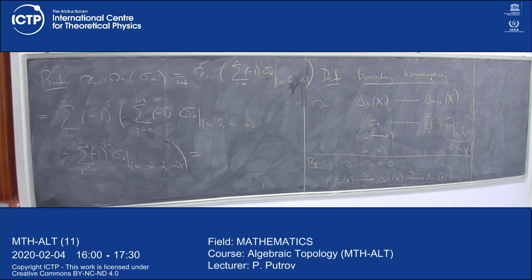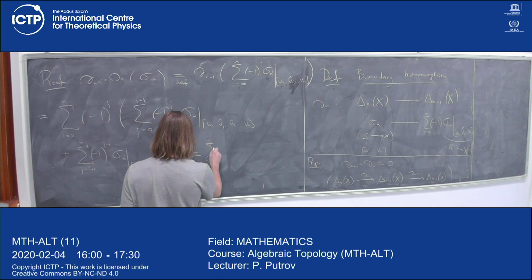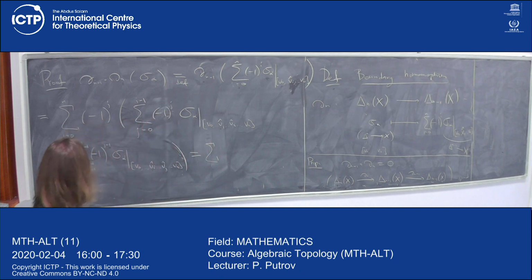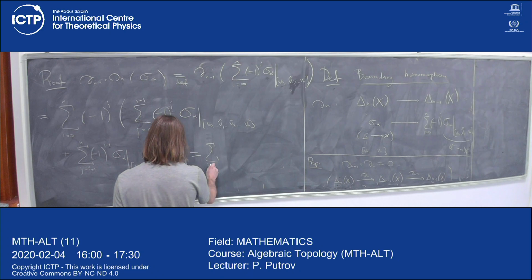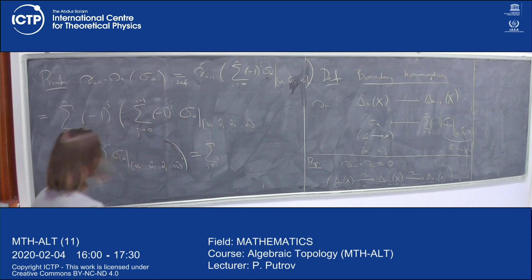Now I'm just using some algebra, so let me combine these sums together. For the first term, I can write this as a sum over pairs where j is less than i.